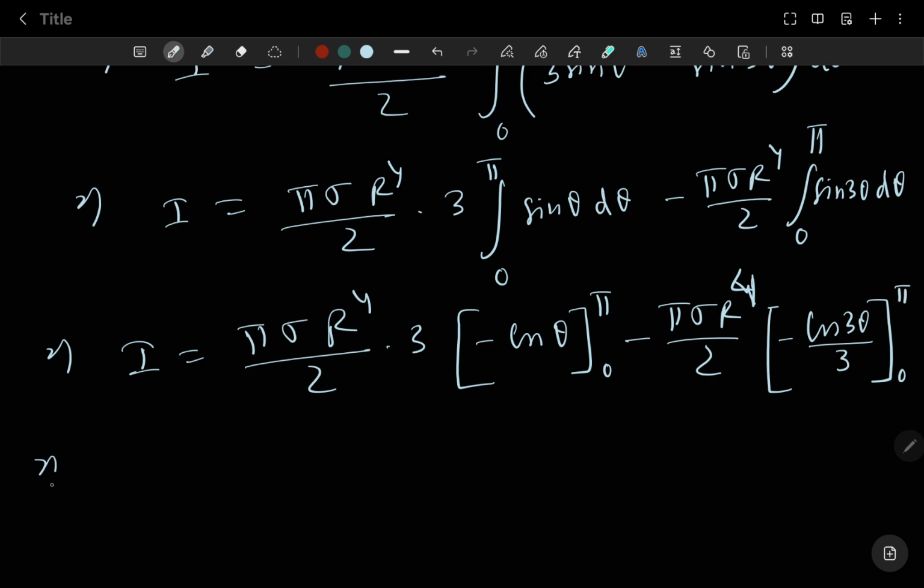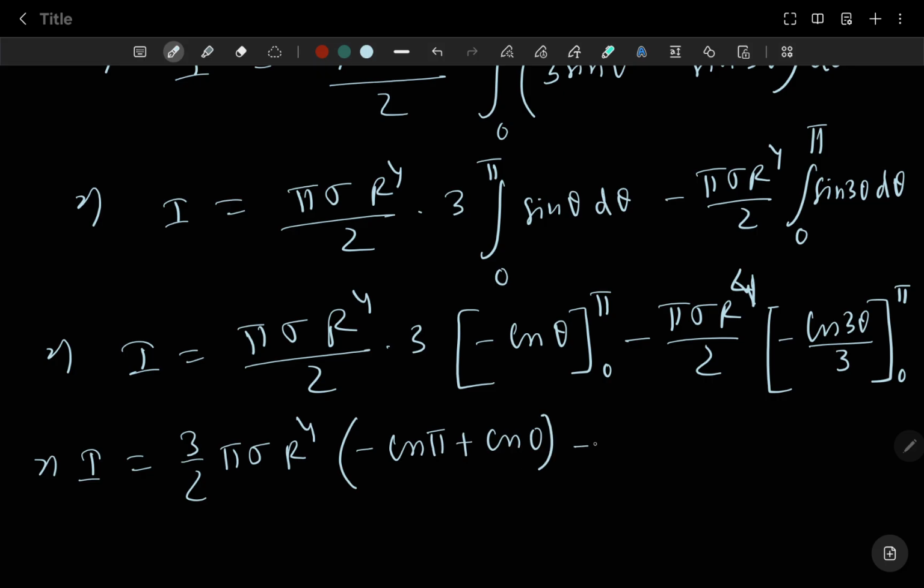So it will be 3 by 2 pi sigma r to the power 4 into minus cos pi upper limit minus minus plus cos 0 lower limit, and here it will be minus pi sigma r to the power 4 by 2. 2 into 3 make it 6. So it is minus cos 3 pi minus minus plus cos 0.